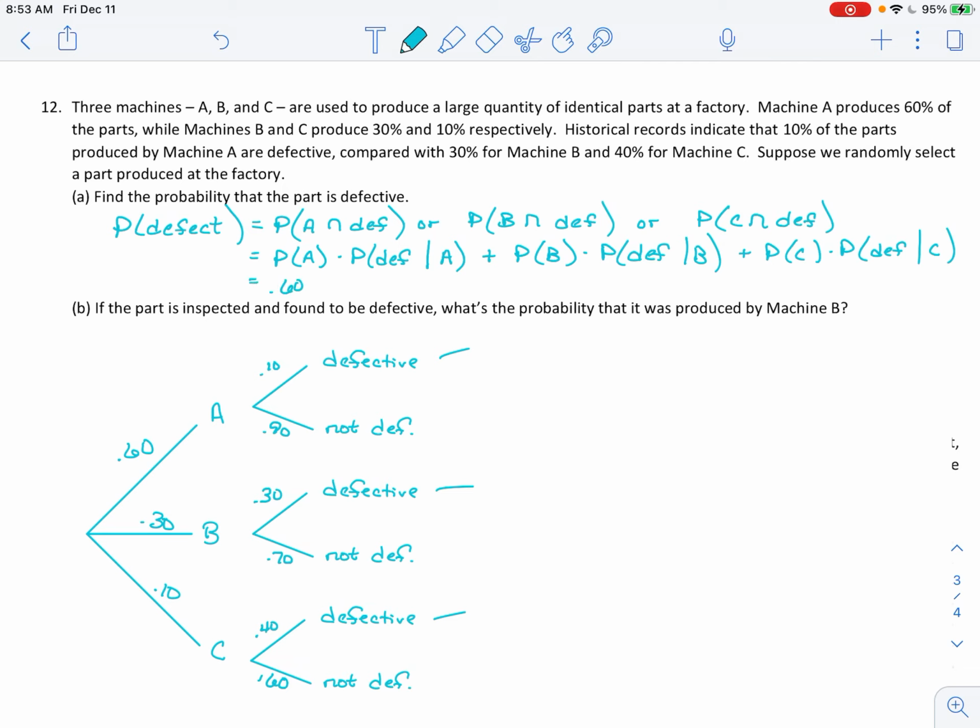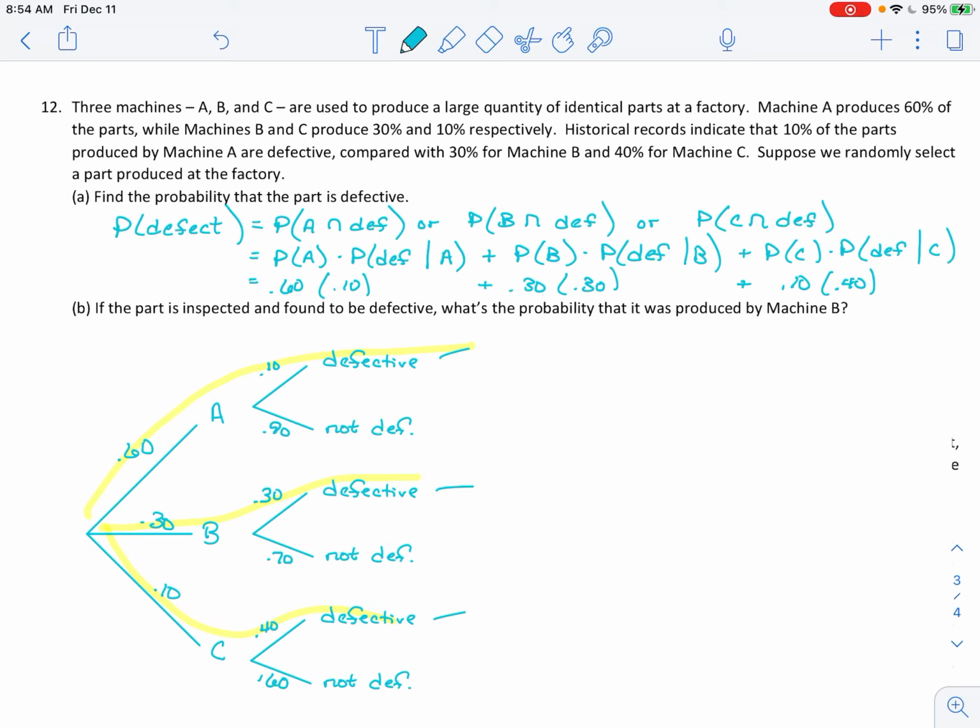So 60% times 10%, that takes me down the branch that ends in defectiveness, plus 30% times 30%, the next branch of defectiveness, and finally 10% times 40% for that branch.